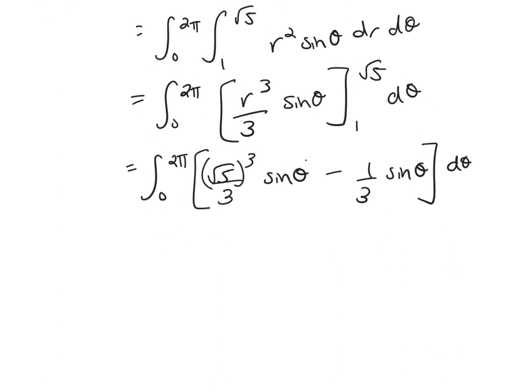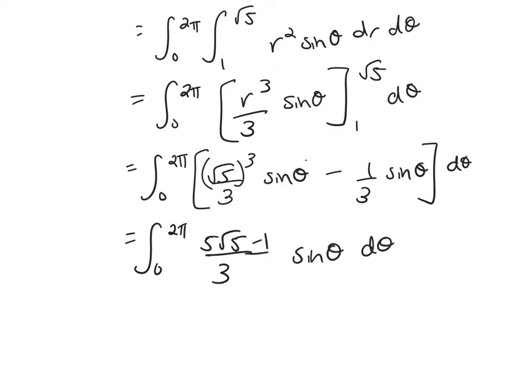So if you want to, you could factor out a sine theta, and if you did, you would be left with 5 square roots of 5 minus 1. And then you can pull that coefficient out, and you're just integrating sine.